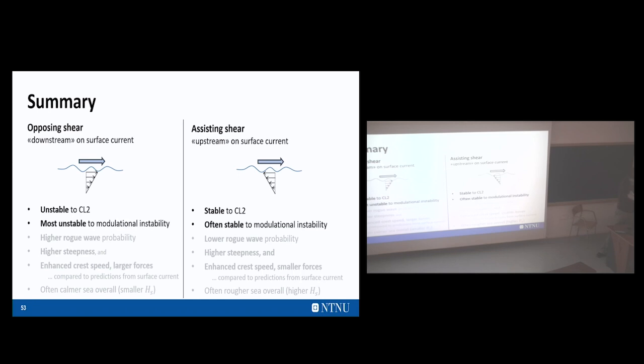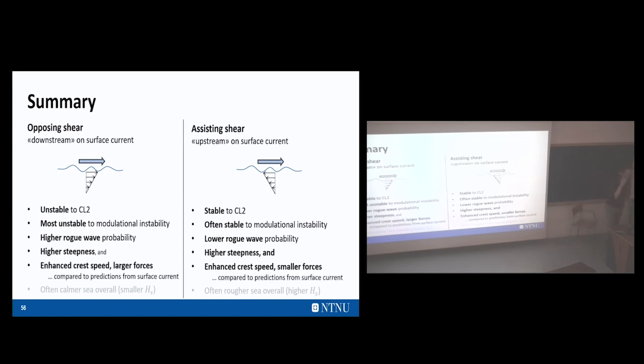It is the most unstable to modulational instability. The assisting case is often stable to modulational instability. It has a higher versus a lower rogue wave probability. So on the whole, it's a more volatile system. It's got higher steepness and enhanced crest speed compared to what you would predict if you used the surface current.